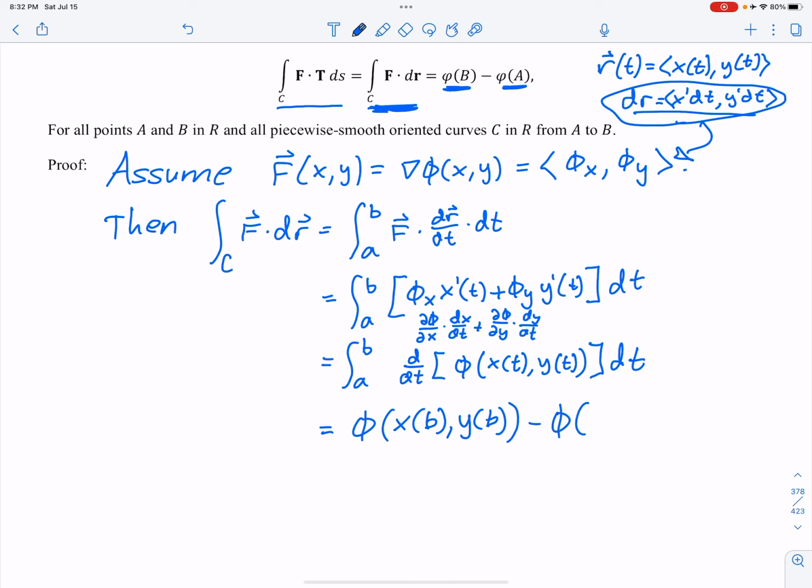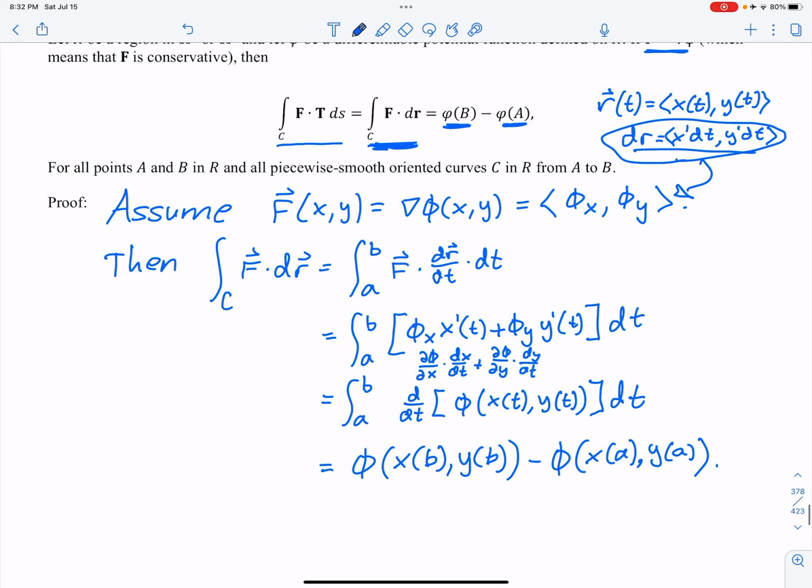And then we would subtract phi of x of a, y of a. And that would be our theorem, right? It's all based on this chain rule idea right here that breaks our integral down for us. It's a neat little proof. So I'll put a little box. I used to put lines, it doesn't matter. Okay, so we proved that theorem.